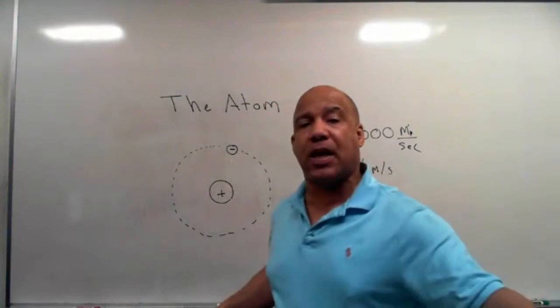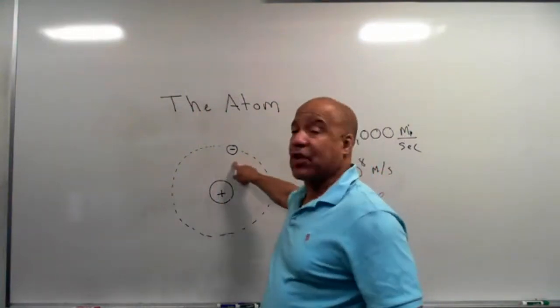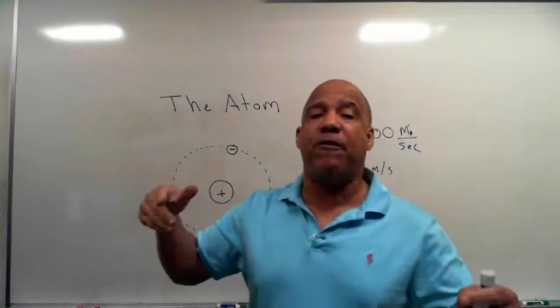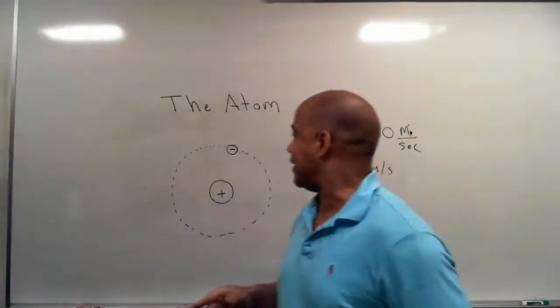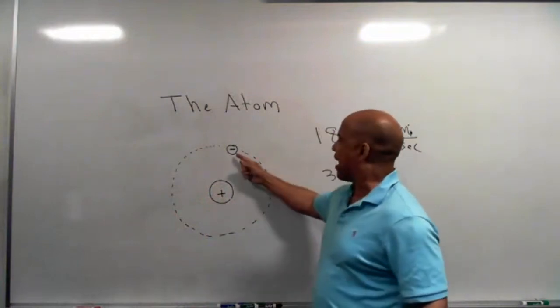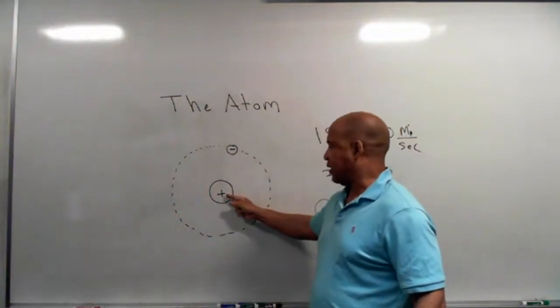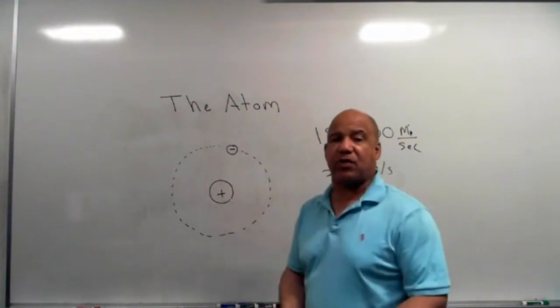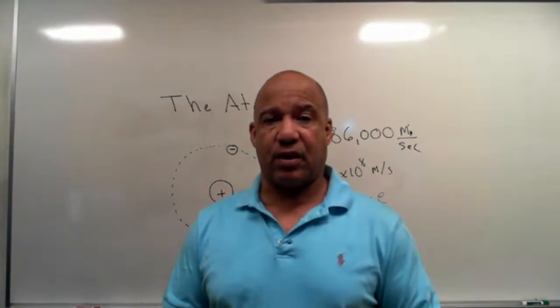And even though the proton is 2,000 times more massive than the electron, the charge of both is exactly equal but opposite in sign. And so there is actually a force of attraction between the electron and, in this case, the nucleus, the proton. There's a force of attraction because unlike charges attract each other.